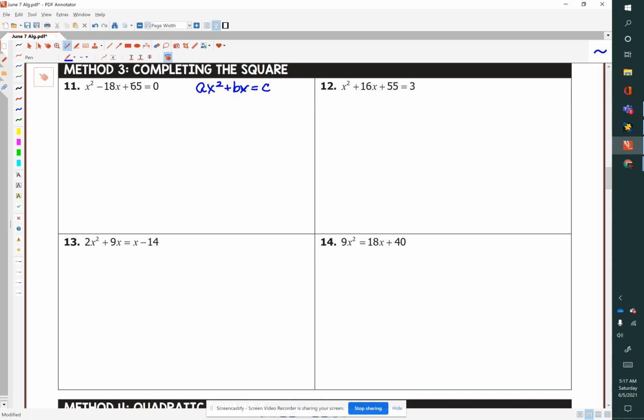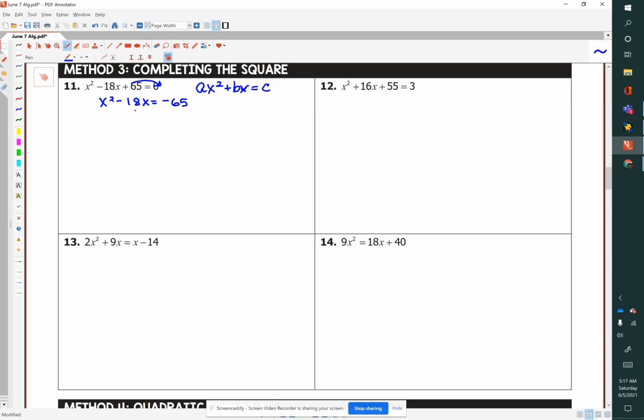Which is exactly what we're going to have to do with this first one. So the 65 will go over to the right side. That means it becomes negative. So we will have x squared minus 18x equals negative 65.